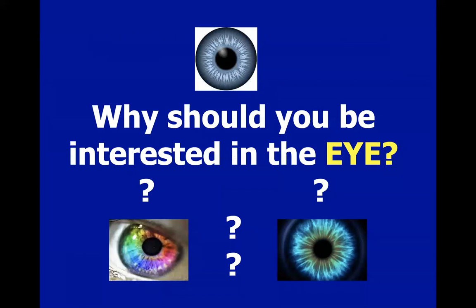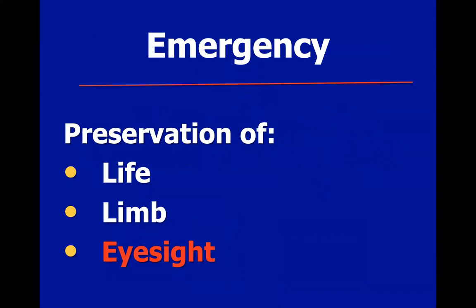Why should you, as a student, be interested in the eye? It's part of your course, of course, but technically the eye is unique. In the emergency setting, we always say it's preservation of life, preservation of limb, and preservation of eyesight.